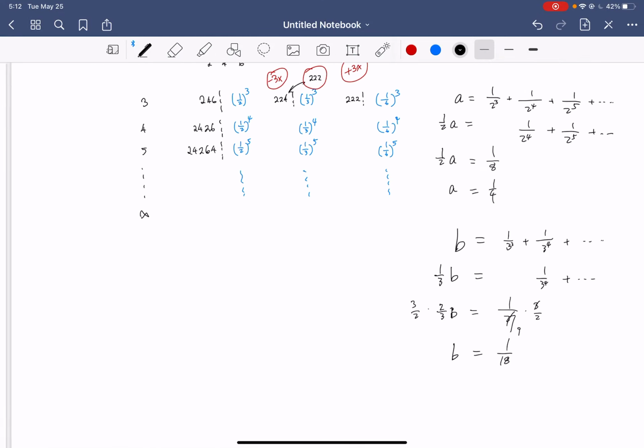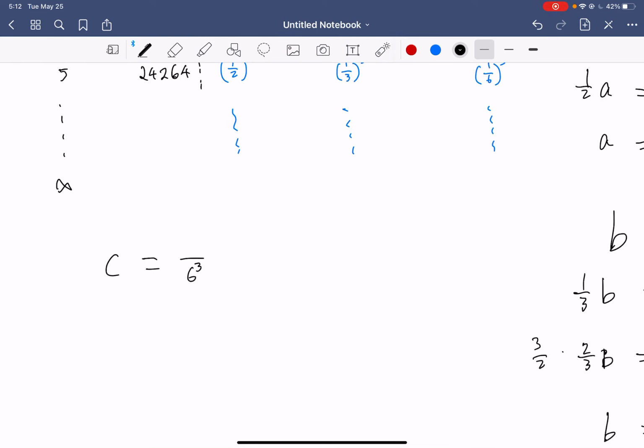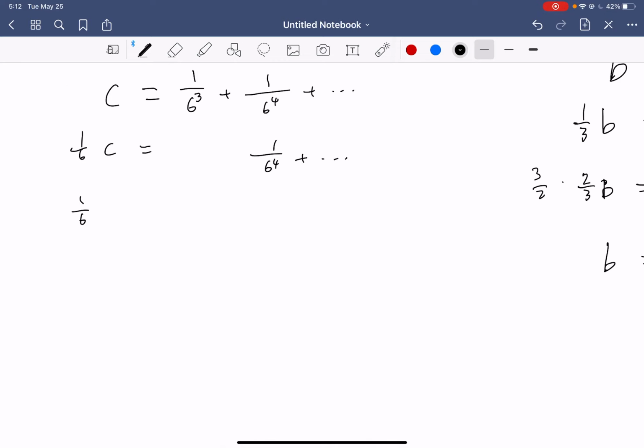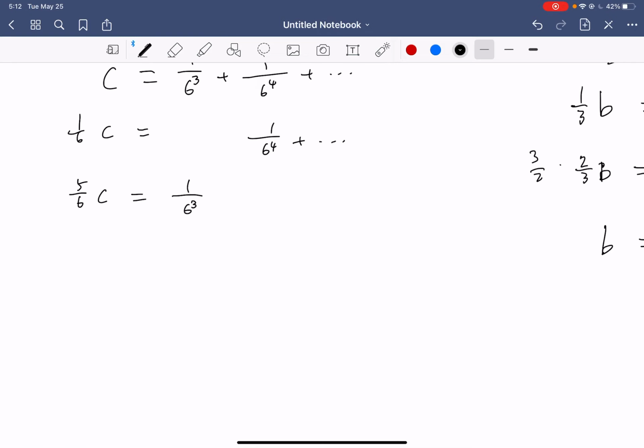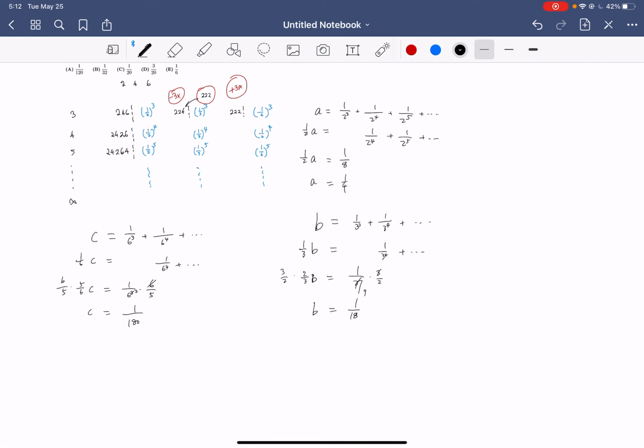And c is our last target. c is equal to 1 over 6 cubed plus 1 over 6 to the fourth plus dot dot dot. If we multiply by 1/6 and subtract, 5/6 c would be equal to 1/216, and if we multiply 6 over 5 on both sides of the equation, we get c is equal to 1 over 180.